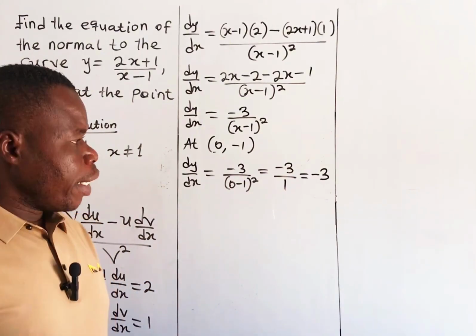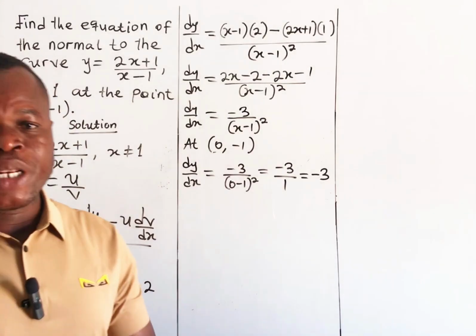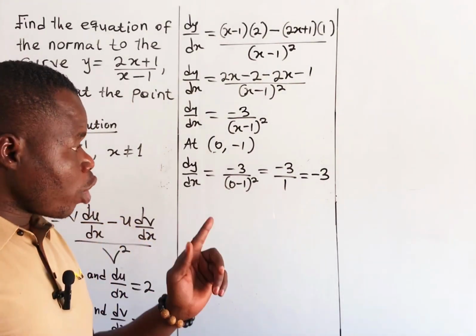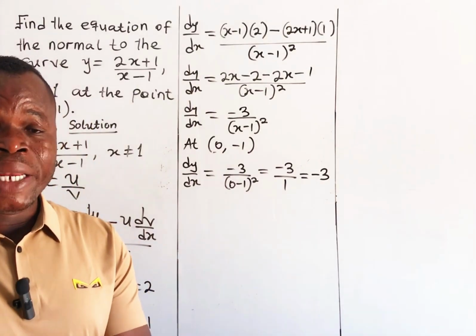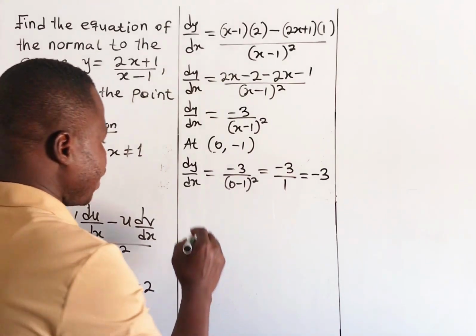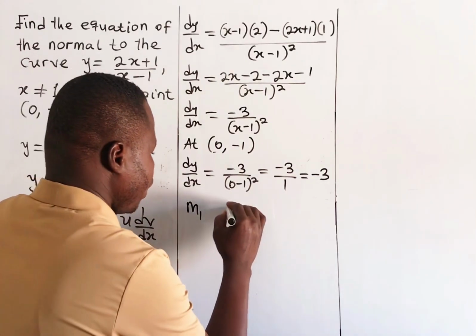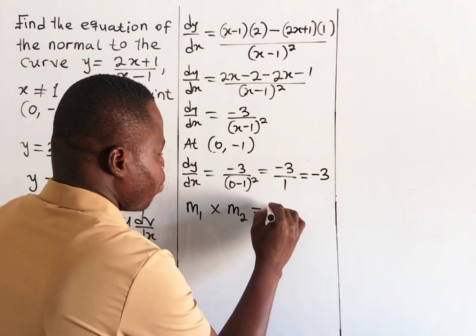But we know that the tangent and the normal are perpendicular. So we have to use this particular theorem. The product of the gradient of the normal and the gradient of the tangent should be equal to minus 1, since they are perpendicular. So if the gradient of the tangent is m1 and the gradient of the normal is m2, if I multiply them, I should get minus 1.